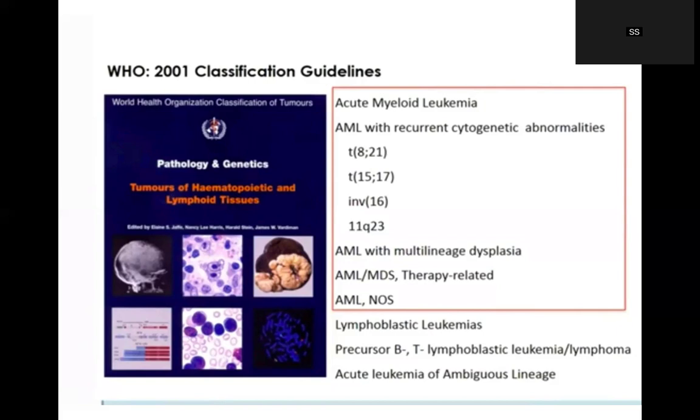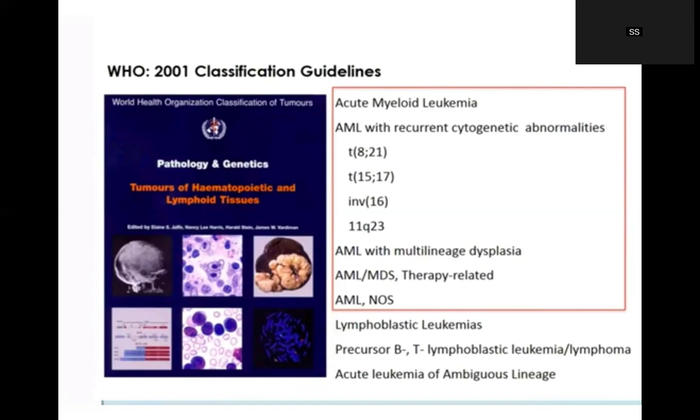The first one is AML with translocation 8;21 with the genes RUNX1 and RUNX1T1. Then AML with inversion 16 or translocation 16;16, which encodes CBFB-MYH11. Then acute promyelocytic leukemia with PML-RARA, which has translocation 15;17.